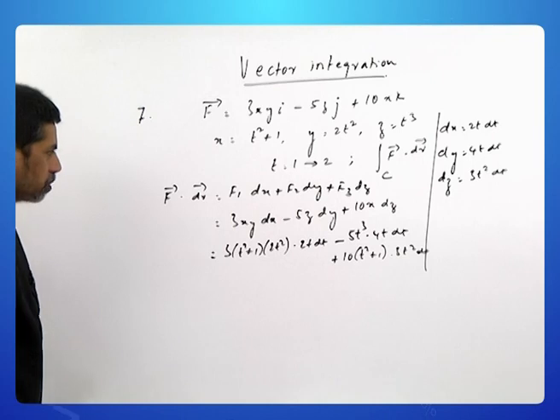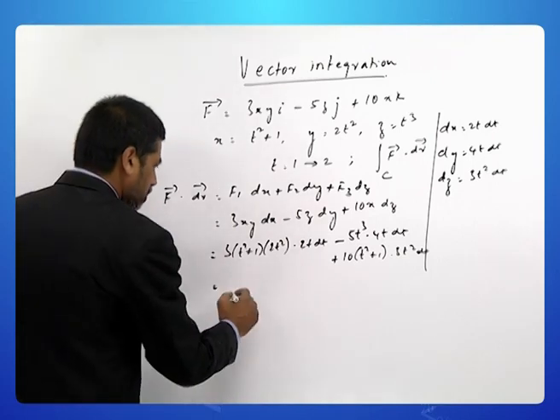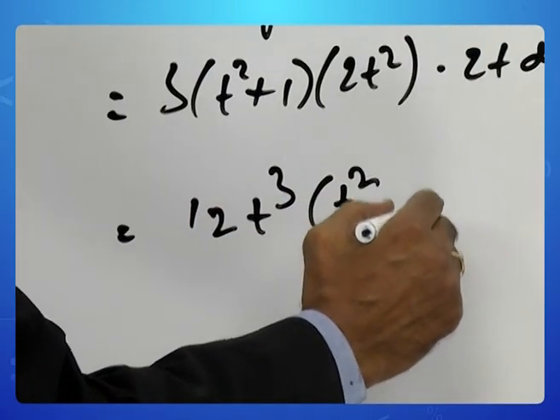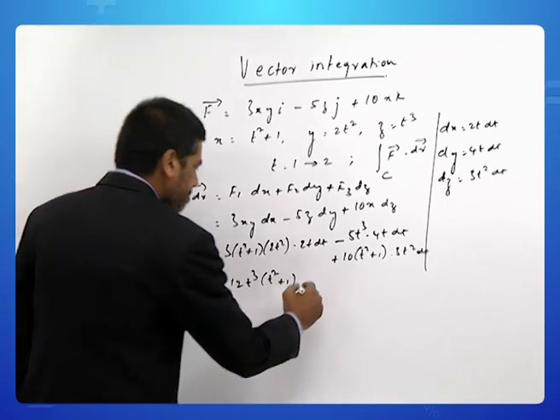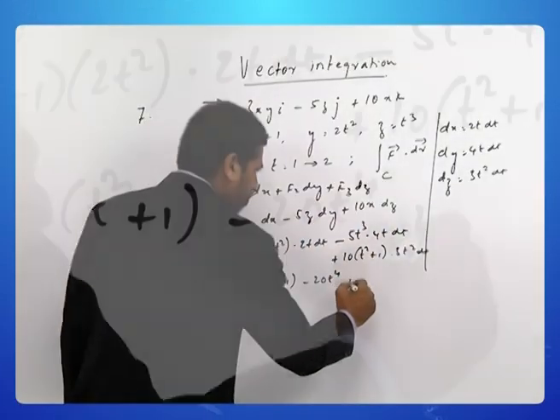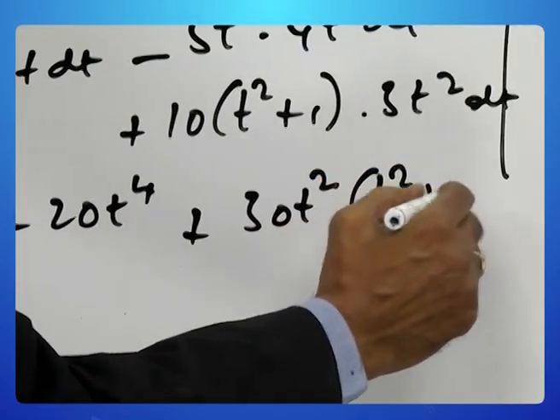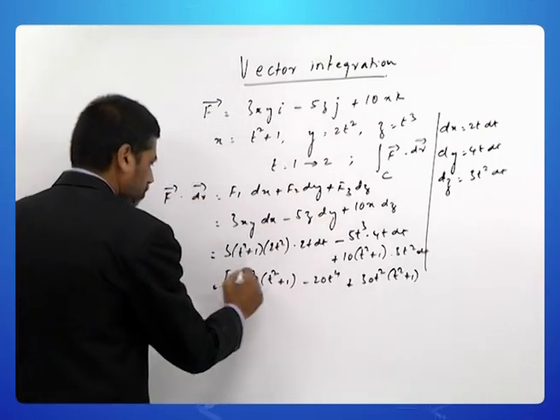So, this needs a little bit of simplification. This will be 6t into 2t squared, that is 12t cube into (t squared plus 1), minus 20t power 4, plus 30t squared into (t squared plus 1), into dt.